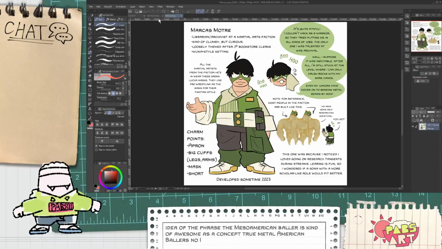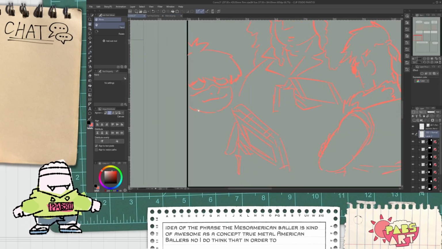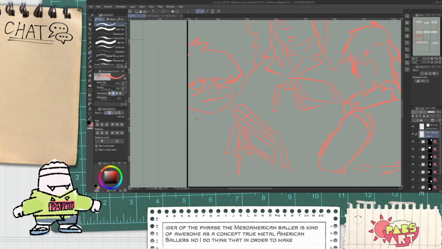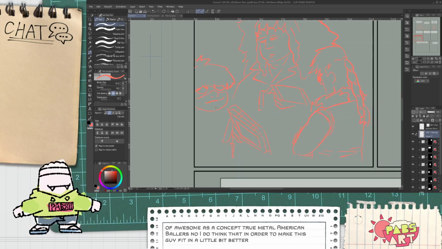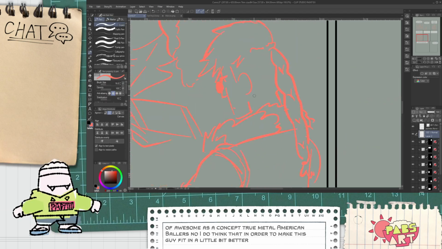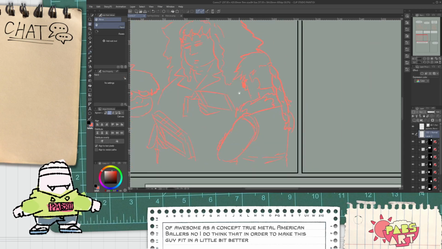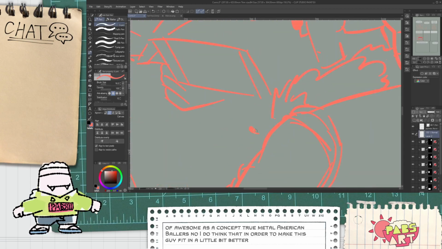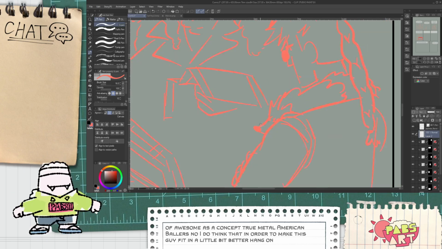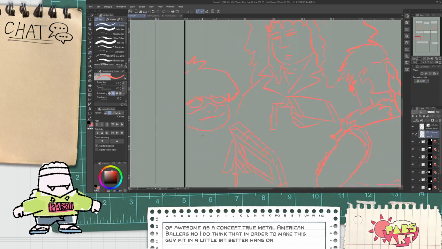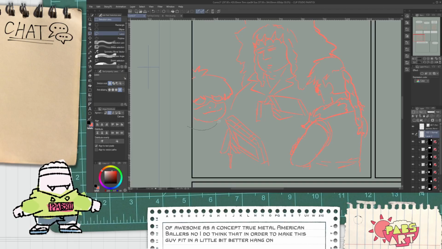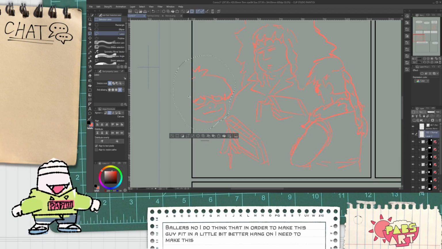I do think that in order to make this guy fit in a little bit better, hang on. First we're going to need to make this head a little bit smaller.